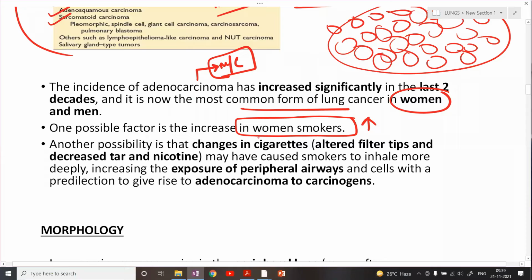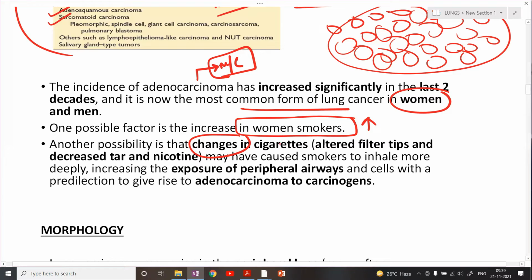And also now, because men are more conscious of their looks, they are using certain filters during smoking because they don't want their lips to become black, or to decrease the ingestion of nicotine. So all this is changing the morphological type from squamous or small cell to adenocarcinomas.